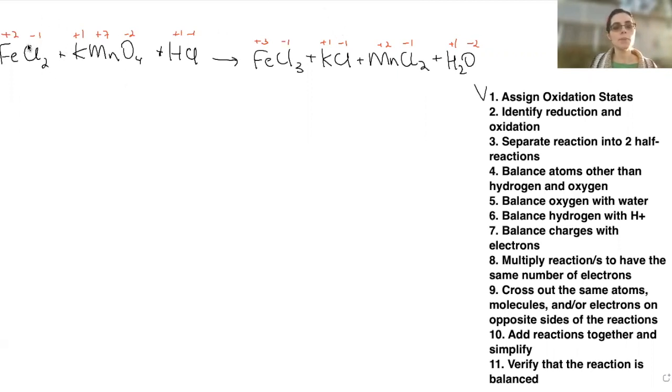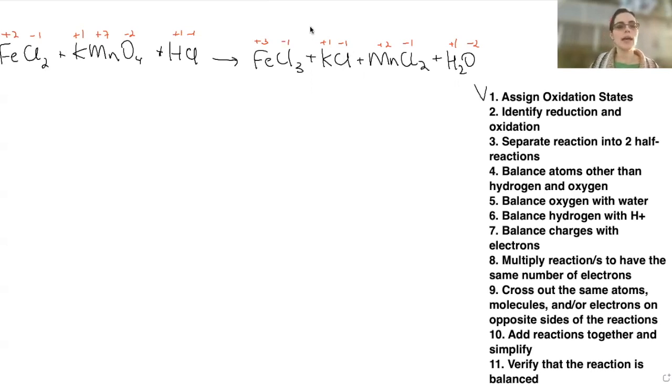Let's take, for example, chlorine. Chlorine has a number of -1 here on the reactant side, and it has -1 here on the product side. So nothing really changed for chlorine.